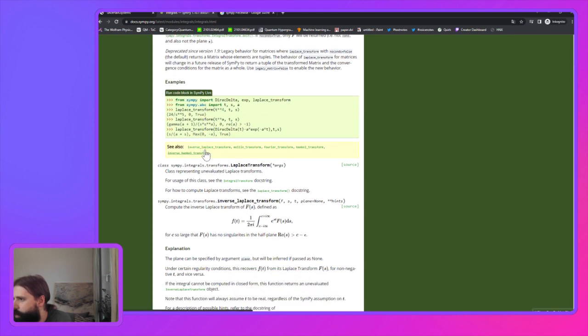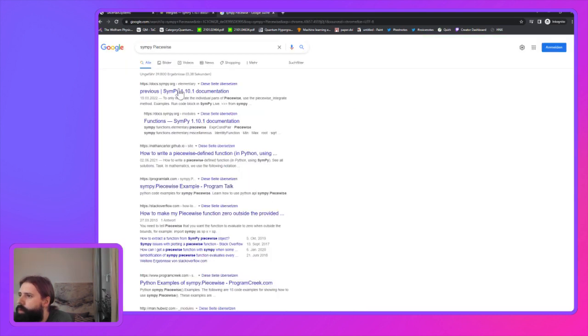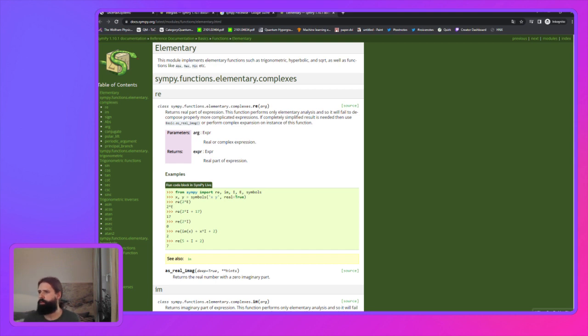Laplace transforms, I have no idea what this is for. Whatever. Piecewise. What is the piecewise? Okay, maybe it's because of what it's doing.